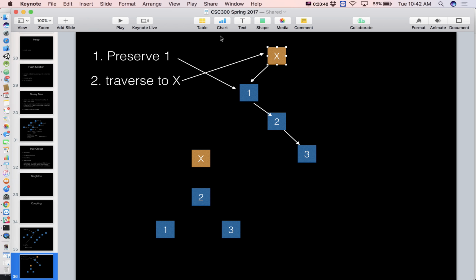So really we need to figure out, step three needs to be, was this guy left or right? Determine if one was left or right of X.